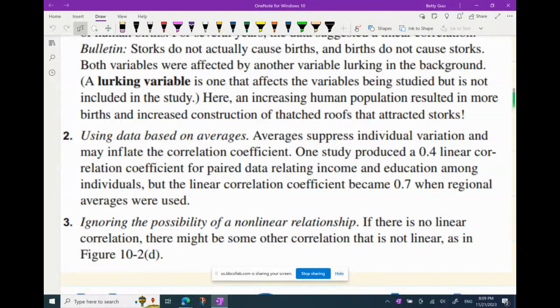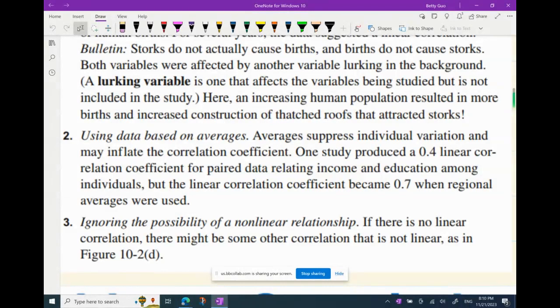Regional averages were used. It's like you use the mean of this school or this institution, and the average income from the other organization.